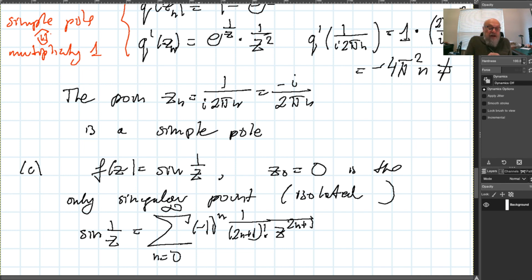So you have an infinite series. This is actually equal to, you start with 1 over z plus the rest, and this is p of z.